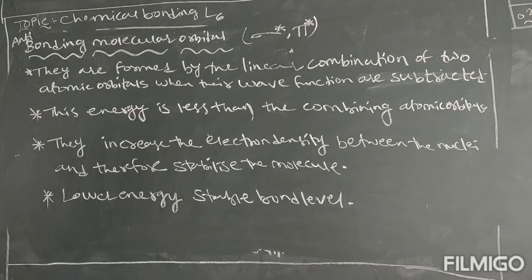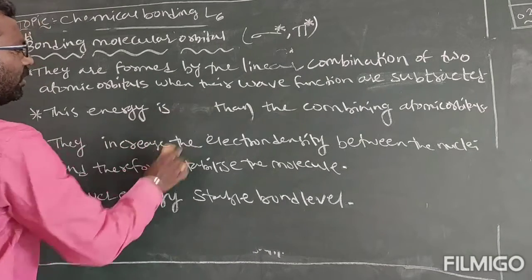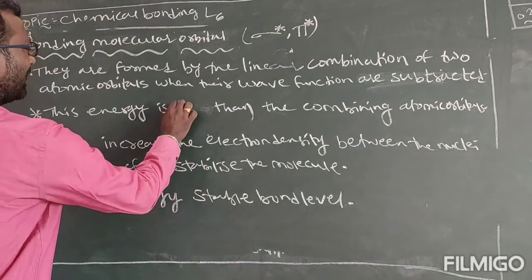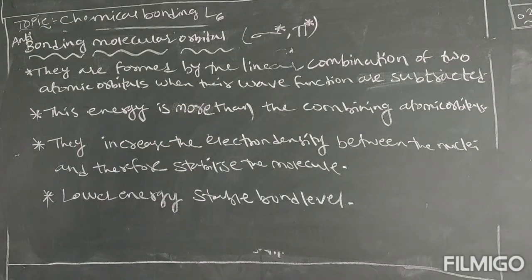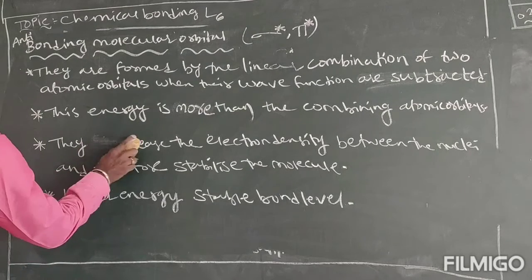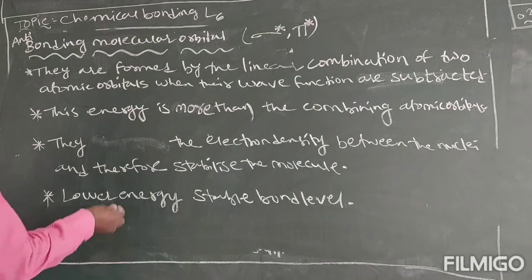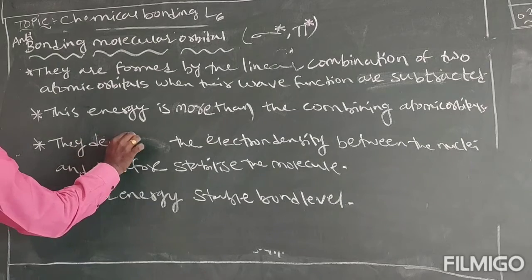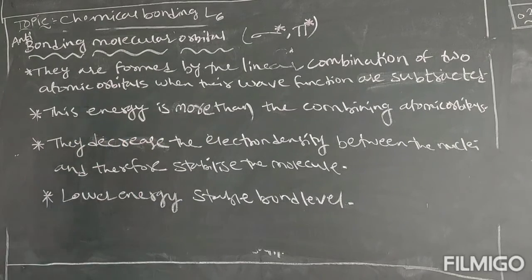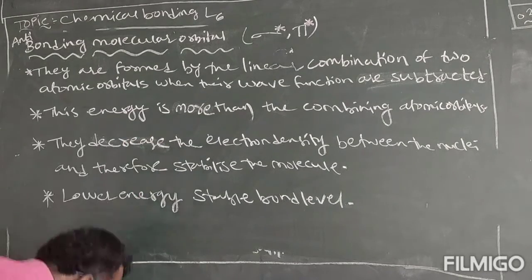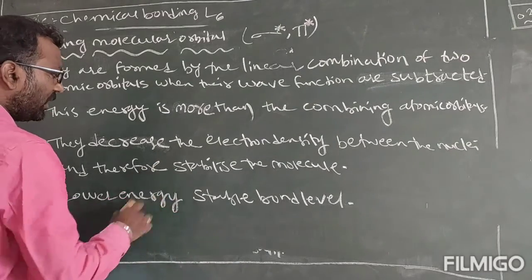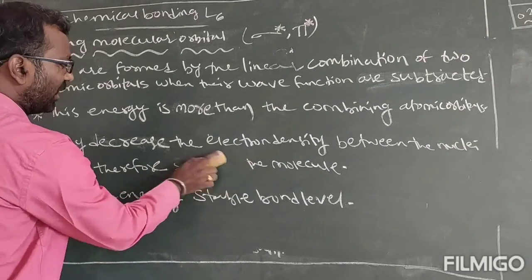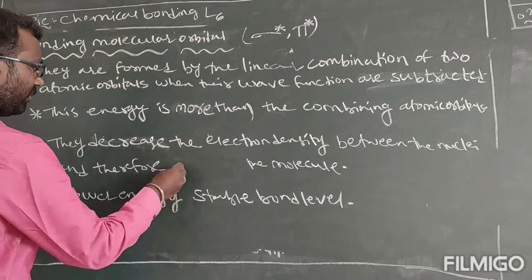And next, this energy is more than the combining atomic orbitals. Next, they decrease the electron density between the nuclei and therefore destabilize the molecule.